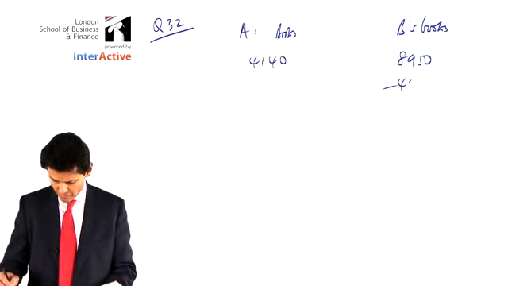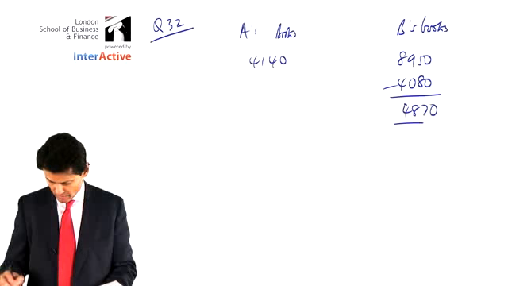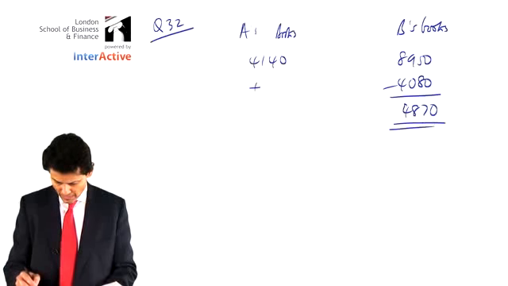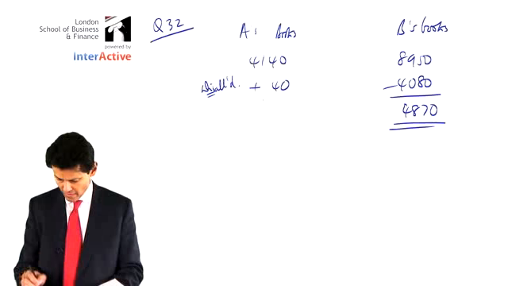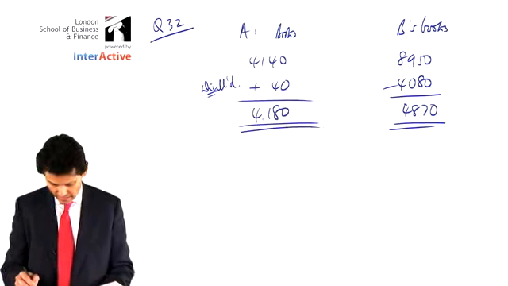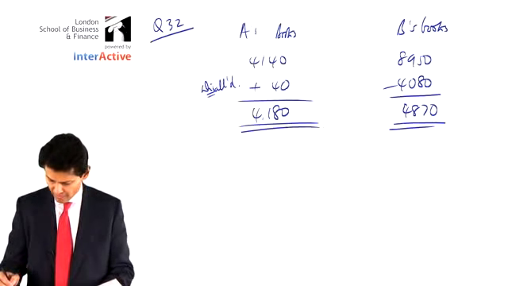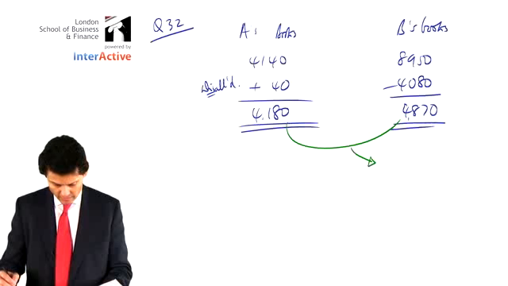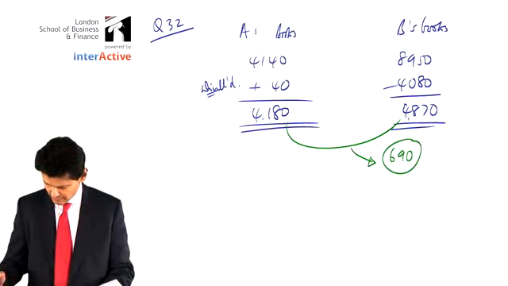This was a minus 4080. 4870. This one was a plus because the word disallowed, easily misread, and this is 4180. And that discrepancy is of the order of 690.